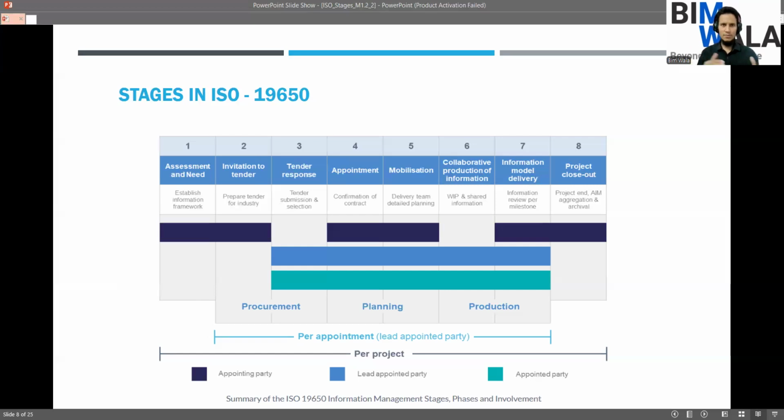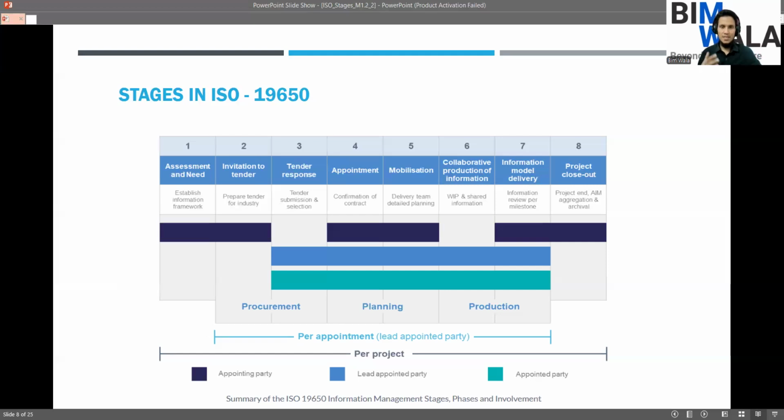There would be a formal discussion amongst the stakeholders like client, contractor, BIM consultant, maybe some other consultants. Once they are okay with the information requirements, they are going to float a tender. That is known as invitation to tender.